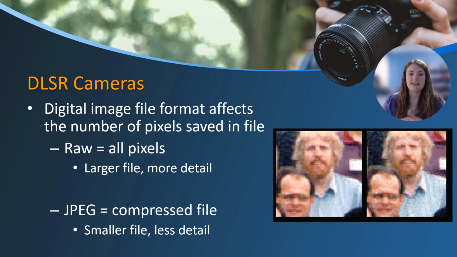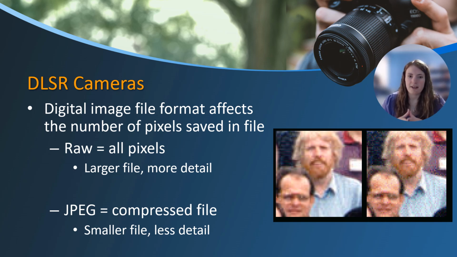This is why a lot of times we use what are called compressed files. Compressed files mean that the pixel data is altered in some way to make the file size smaller. There are multiple different types of compressed files, but JPEG is probably one of the most common. Because JPEG files are compressed, the camera goes through the pixels in an image and tries to downsize them by eliminating pixels that are close in color.